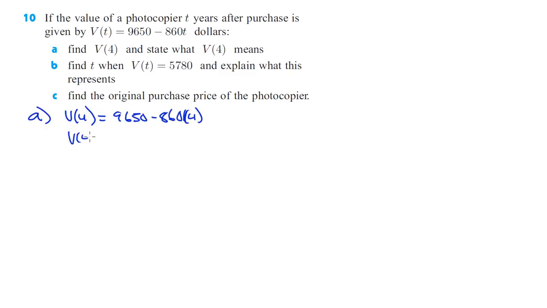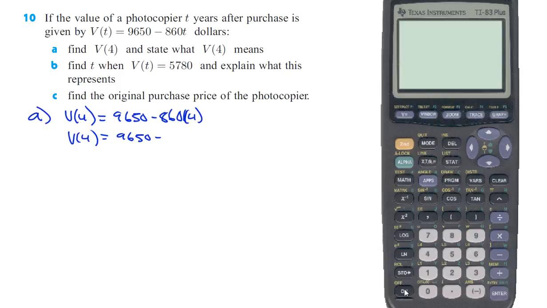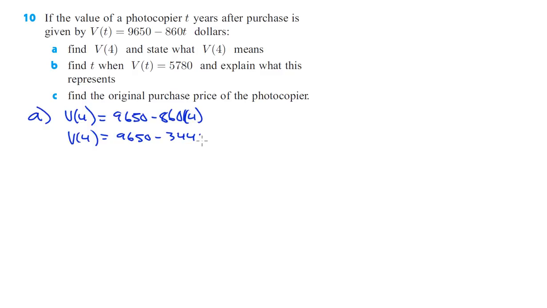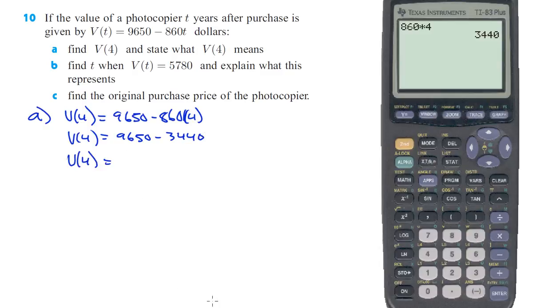So V of 4 equals 9650 minus 3440. We get 6210.